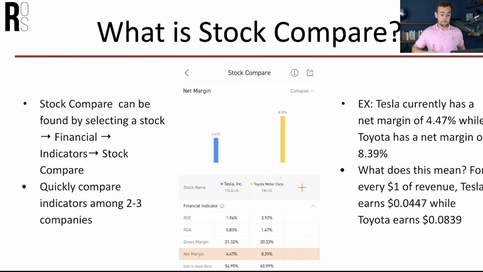So you could look at that and create a comparison chart, and if you wanted to, you could throw another automaker in there, maybe Ford, and then straight across the line, you can look at return on equity, return on assets, gross margin, debt to asset ratio, net margin, and just be able to look at it very quickly, set up comparisons, and basically do tons of research in a very short consolidated period of time.